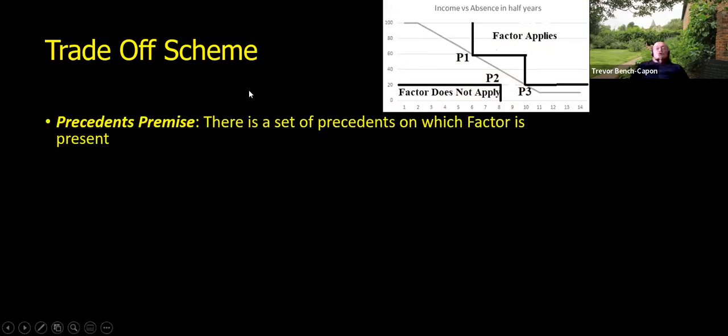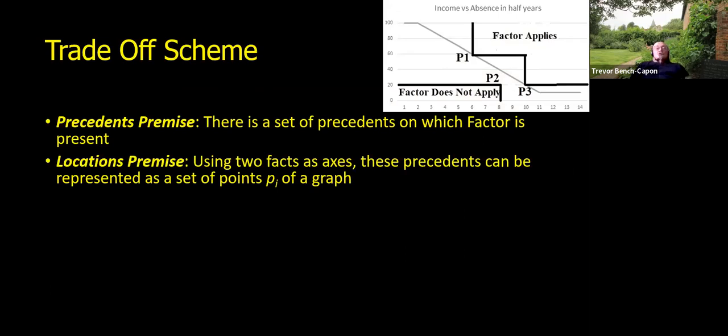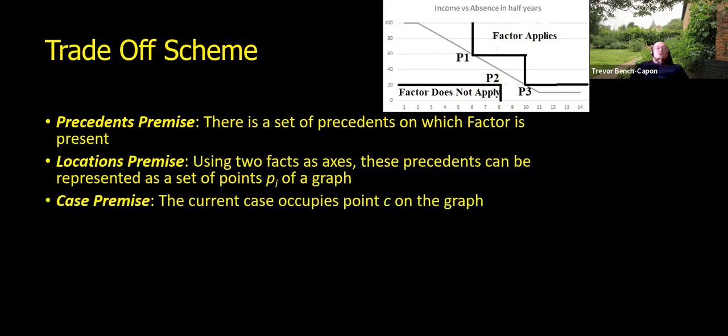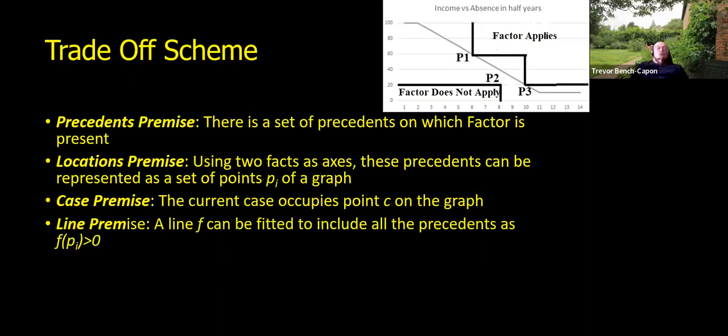So the trade-off scheme identifies a set of precedents in which the factor is present and which is absent. The notation uses the two factor axes, and these precedents can then be represented as a set of points on that graph. The base premise plots the current case on the graph.